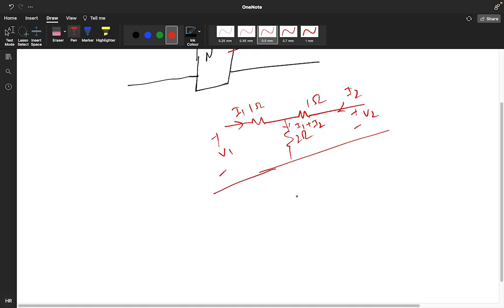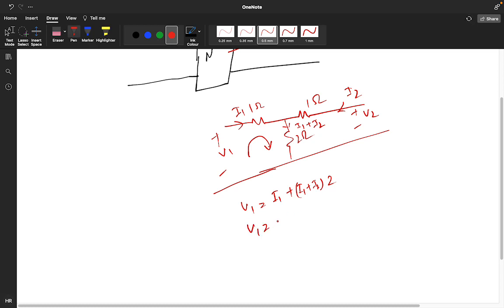So what will the KVL equation be if you apply it? V1 equals I1 plus I2 into 2.